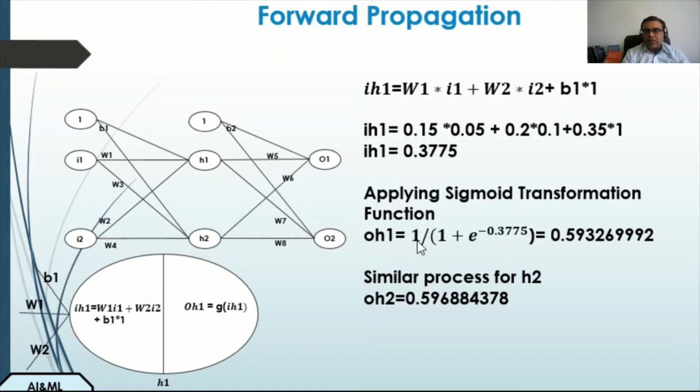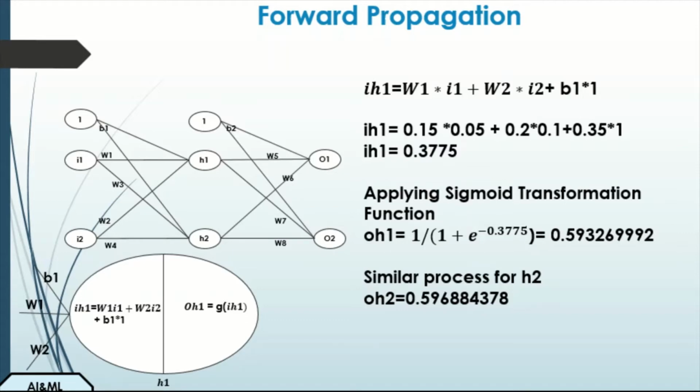Since we have applied a sigmoid transformation function, it is 1 by 1 plus e raised to power minus x. So we substitute the value of IH1 here. We get the output from this node as 0.5932. Similarly, we can do the similar computation for node H2, and then we get the output as 0.59688 from H2.